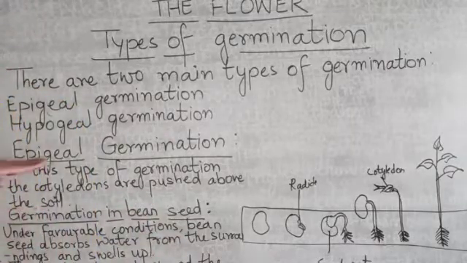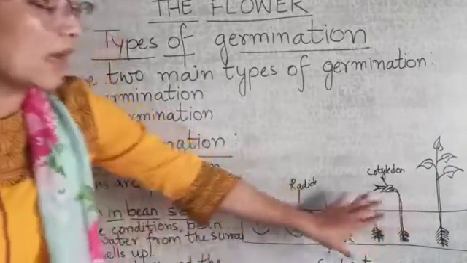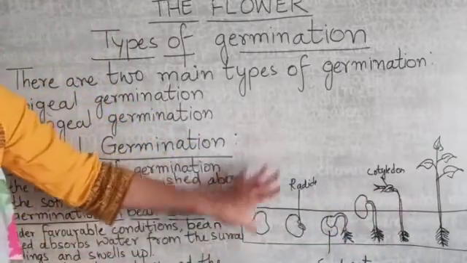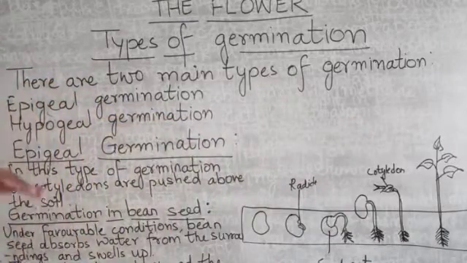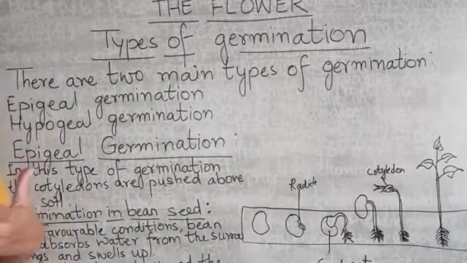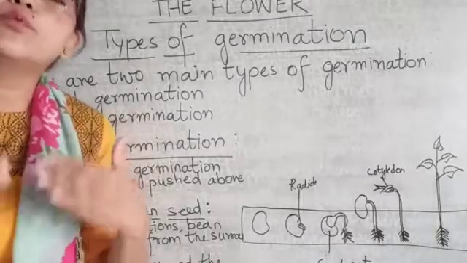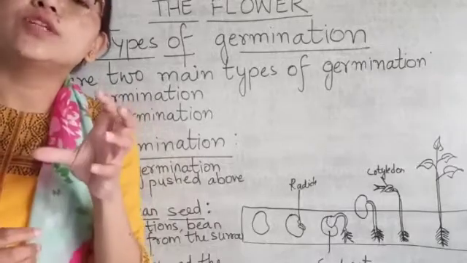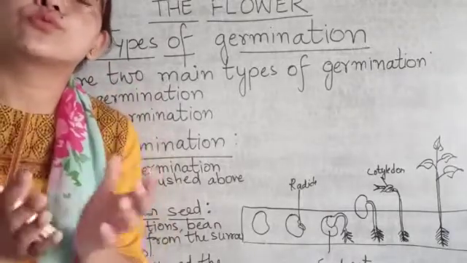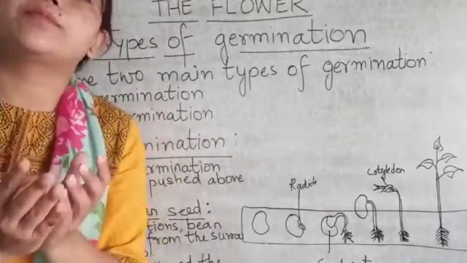Now here you can see I have drawn the diagram. This is the epigeal germination in bean seed. Epigeal germination is the germination in which the cotyledons are pushed above the soil. Cotyledons, you know, are the structures that store the food for the baby plant.